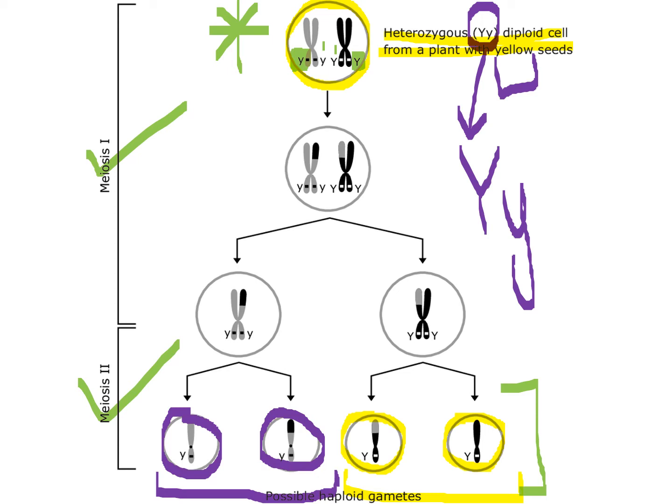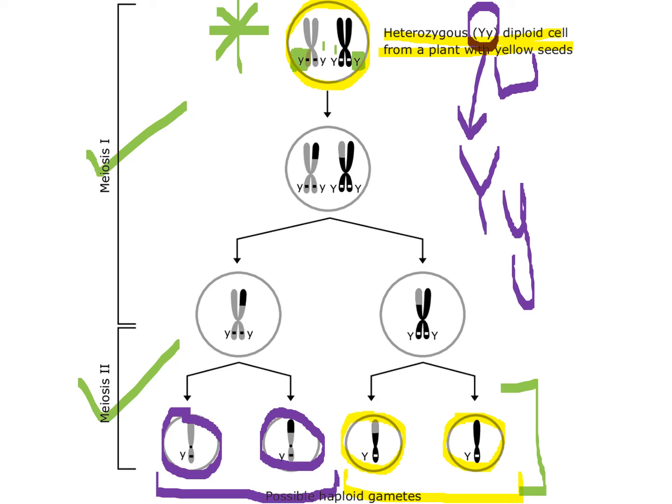And through the process of fertilization, a dominant allele might meet up with another dominant allele, a recessive allele might meet up with another recessive allele, or a dominant allele might meet up with a recessive allele. And in that instance, we will then have a new seed color.